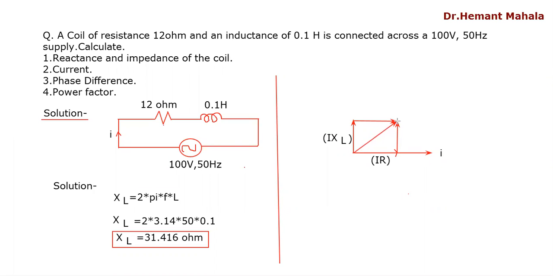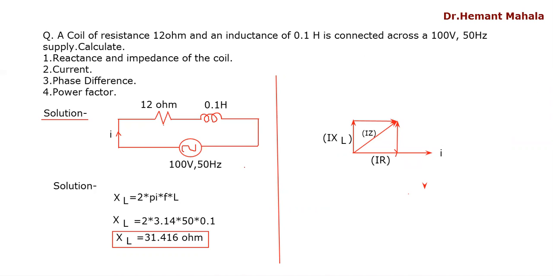So this phasor is I into Z. Okay, this phasor is I into Z. Now this is the voltage V, and this is current.